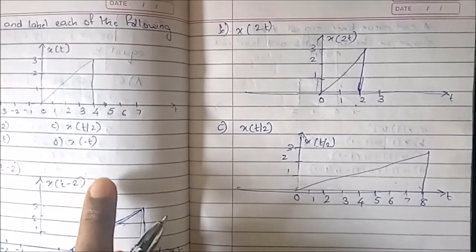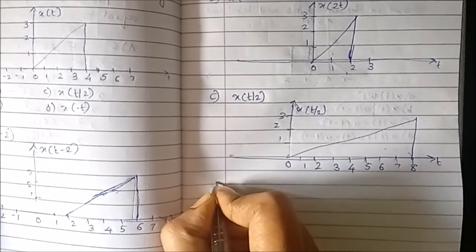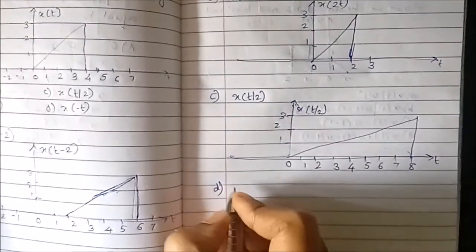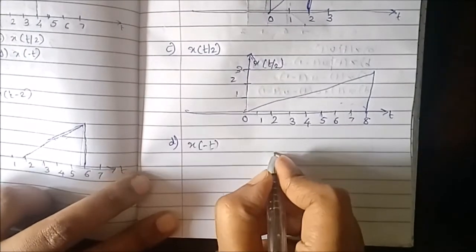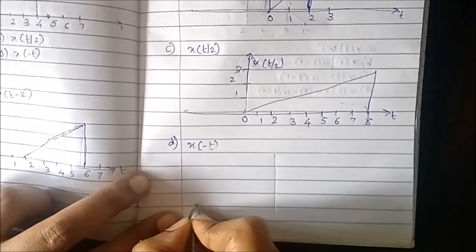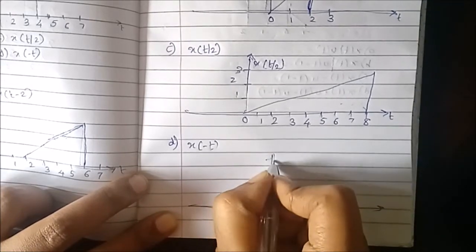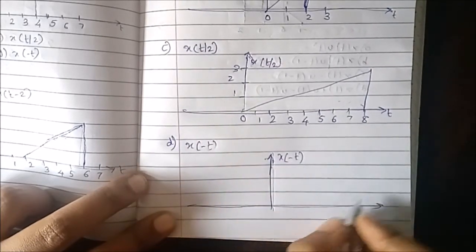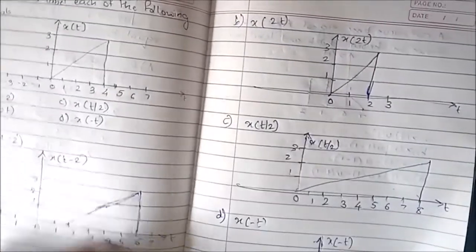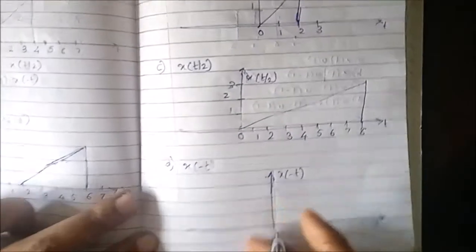Now next is x of minus t. This is very easy. Just time reversal, we are going to mirror the original signal across the y-axis. So what's going to happen if we place a mirror across this? This signal will appear on the left hand side.